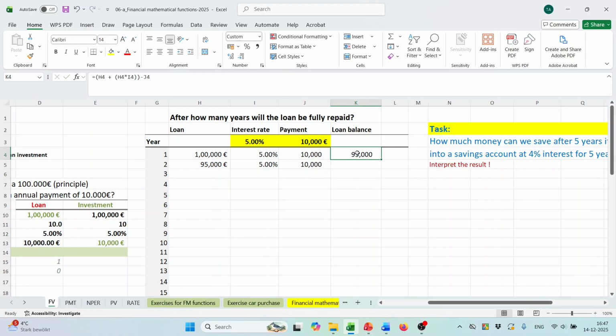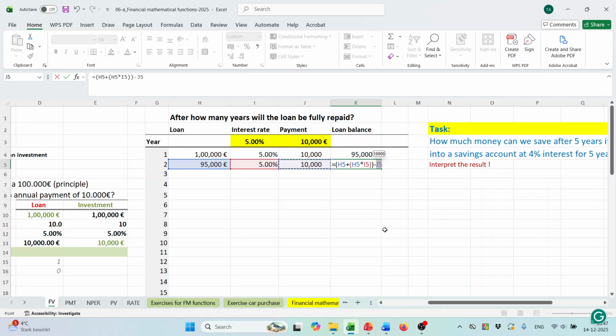And now the loan balance is equal to, just like the previous one, plus multiplication by, minus 10,000.